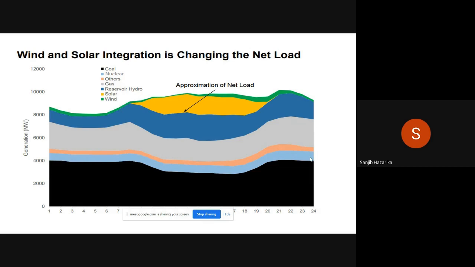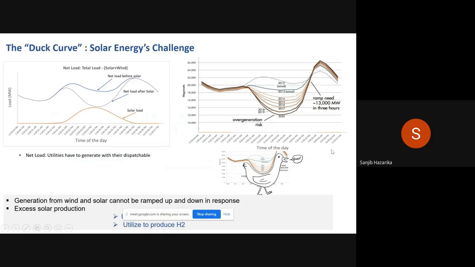So going to the next slide. Okay, it's basically the same as what I showed you. This is the load of electricity from around 12 a.m. at night to around 11 p.m. at night again.